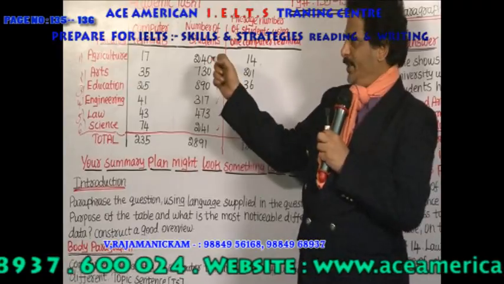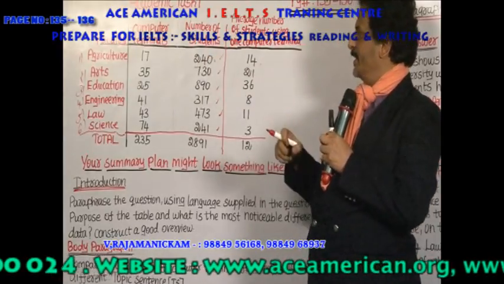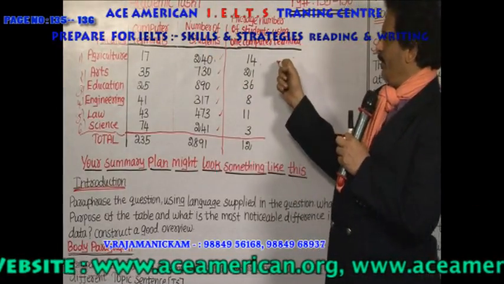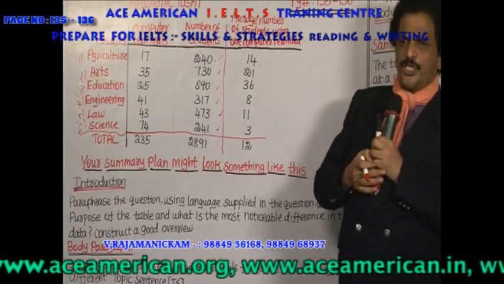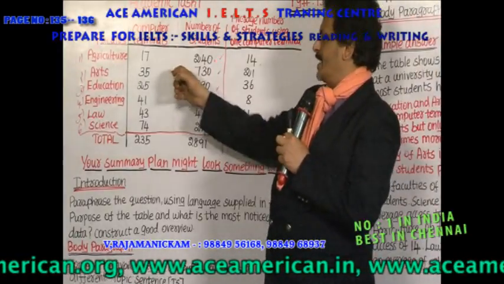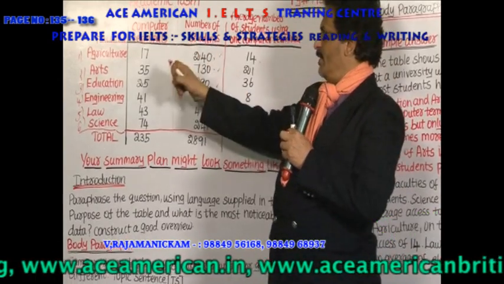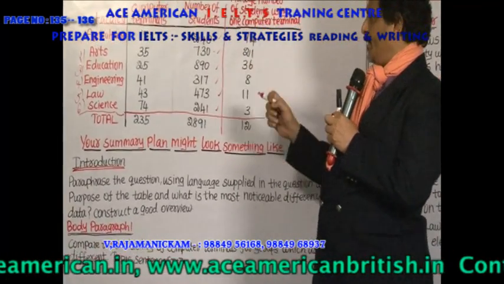Coming to arts, total students 730. How many students are using one computer? 21 students are using one computer. In the Department of Education, 890 students, only 25 computers, so 36 students use one computer.